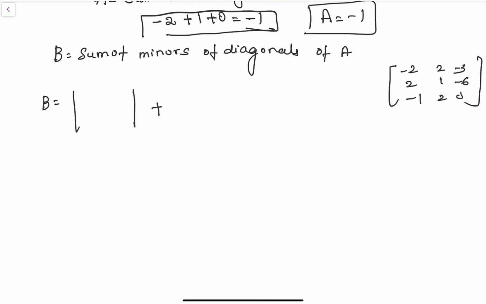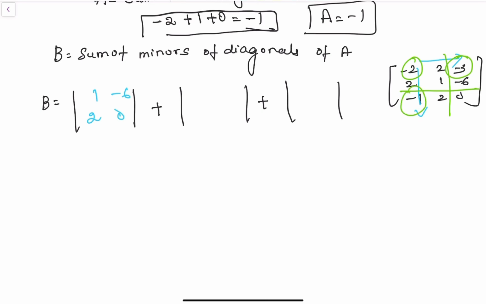So b is equal to what? We have three terms which should be added. For the first diagonal element, minus 2, delete the elements of the first row and the first column and write the rest of the elements. Now let me take the second diagonal element, that is 1.